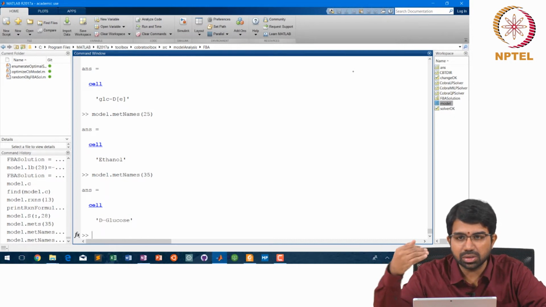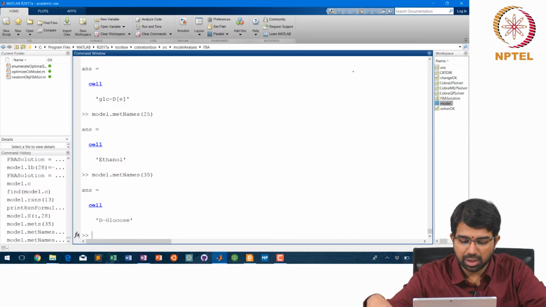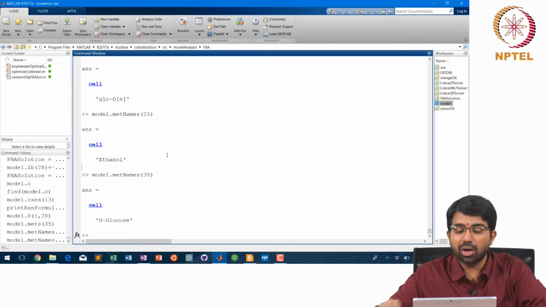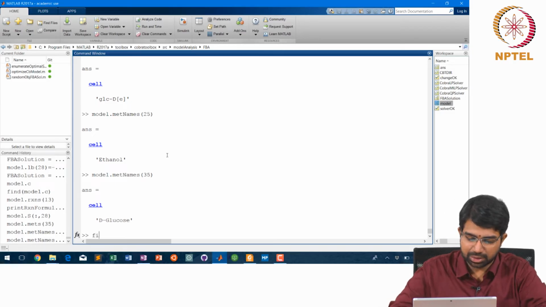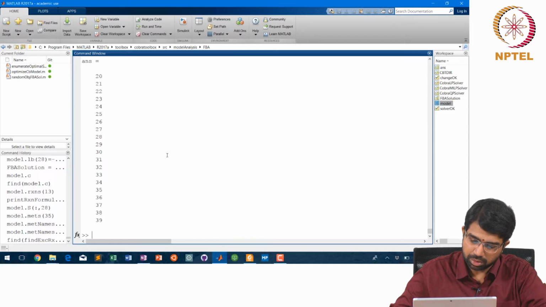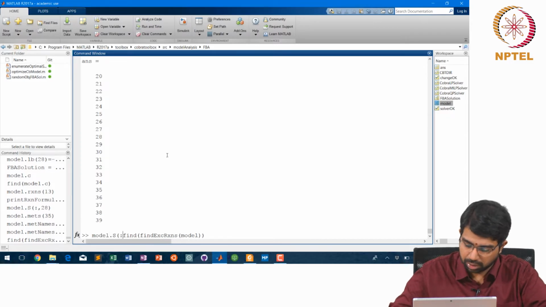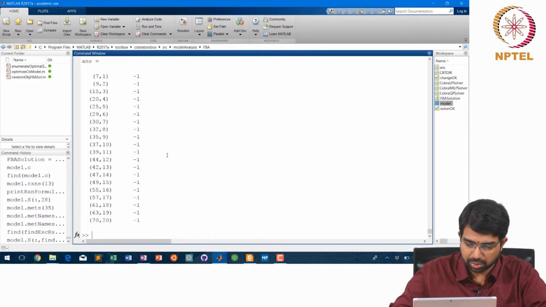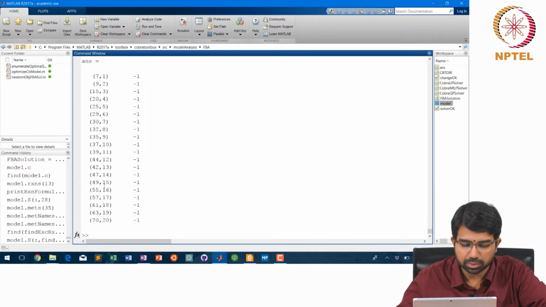So this D-glucose coming into the cell is reaction number 28, and all your exchange reactions are like that. Let us just do that. You find model... these are all your exchange reactions. If you now say model.S(:, this), that's it. Yeah, so there is nothing going on.